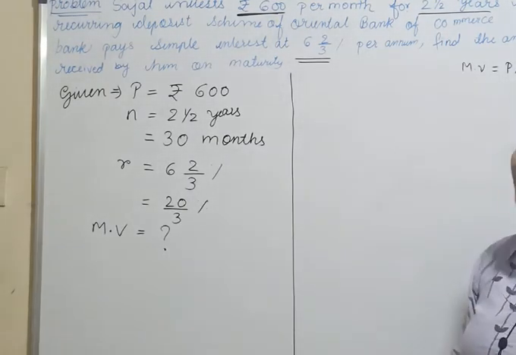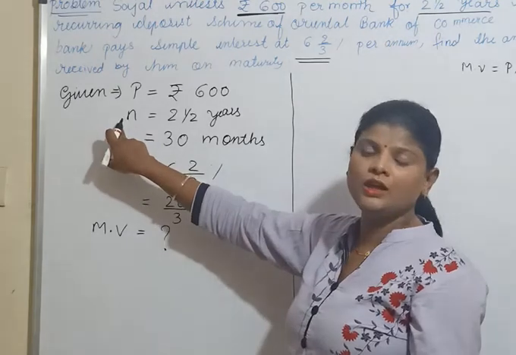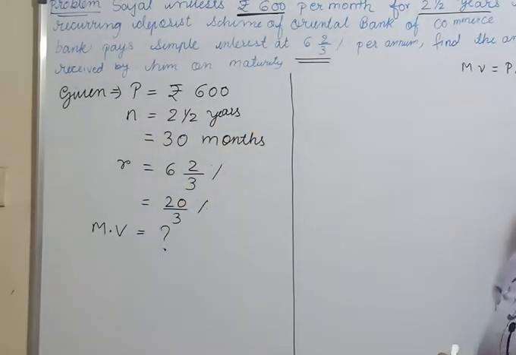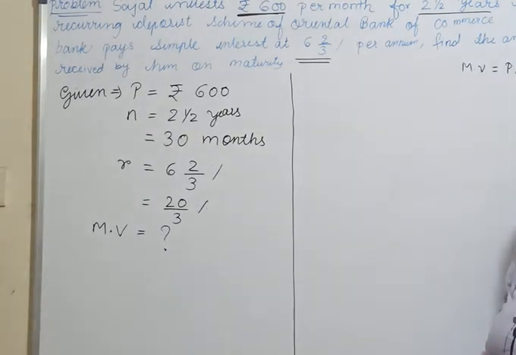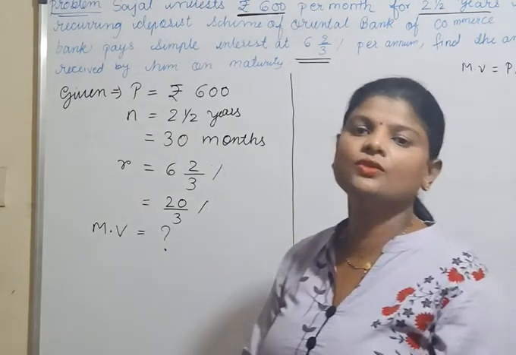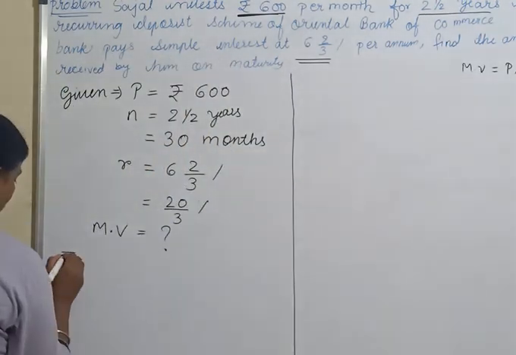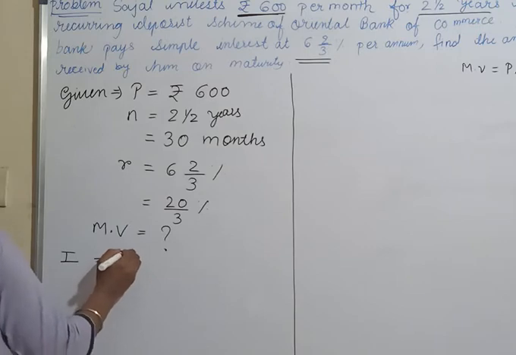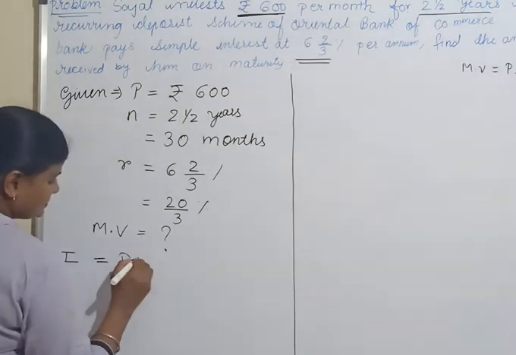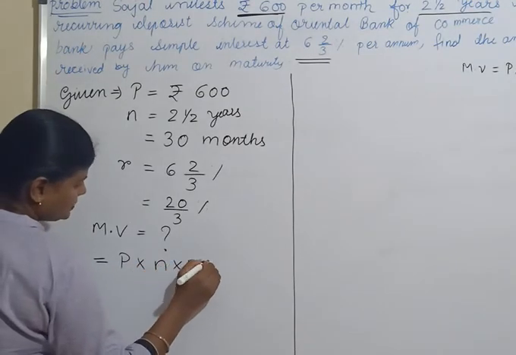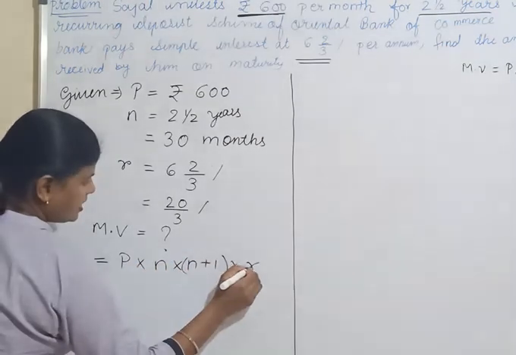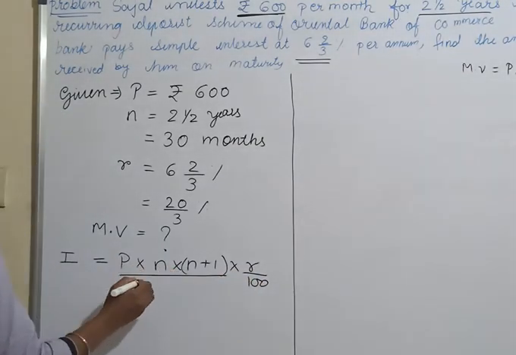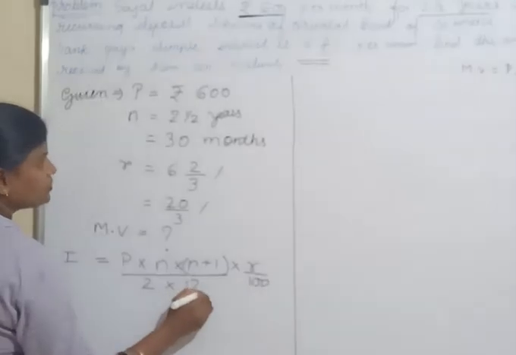Here we know the principal, and the number of months, but we do not know the interest I. So first we will find the interest using the formula I equals P into N into (N plus 1) into R upon 100, divided by 2 into 12.